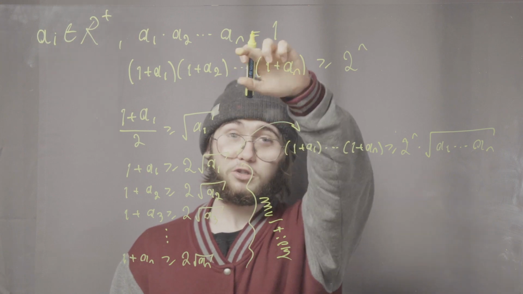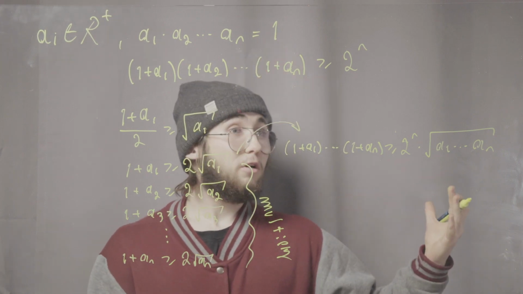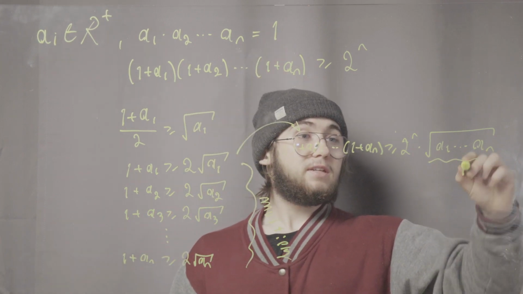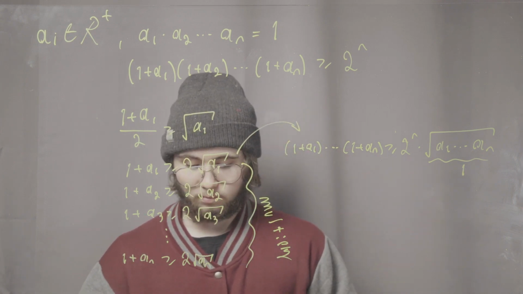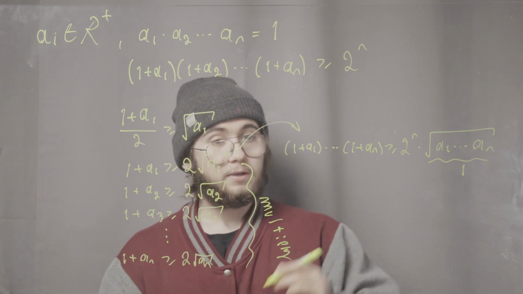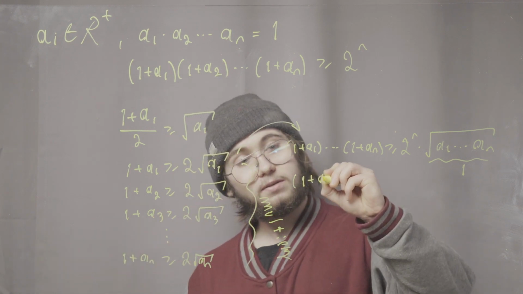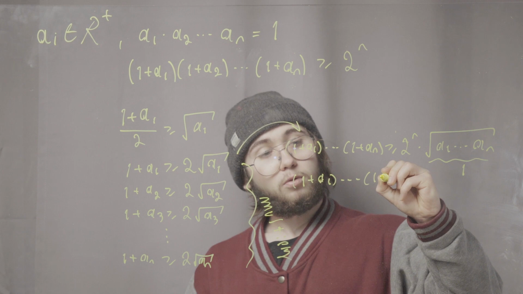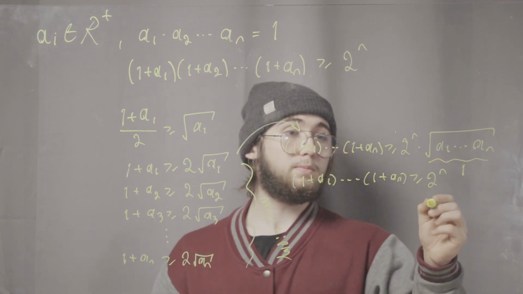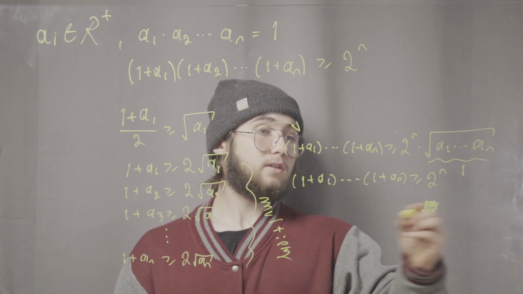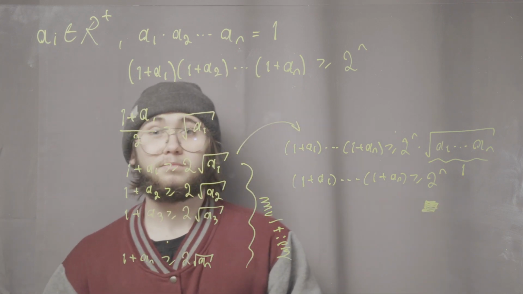Well, it's just 1. Lovely, so we can ignore it, and what we're left with is literally what we're supposed to prove. So (1 plus a1) up to (1 plus an) is greater than or equal to 2 to the power of n, which is the end of this problem.